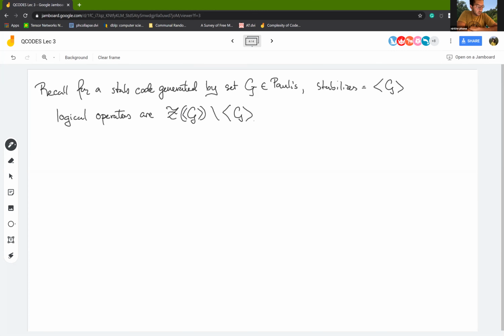Right? So this is something Anand talked about last time. And so our goal should now be to calculate the logical operators for our CSS code, which our CSS code, recall, is just defined by delta 1 and delta 2, right?